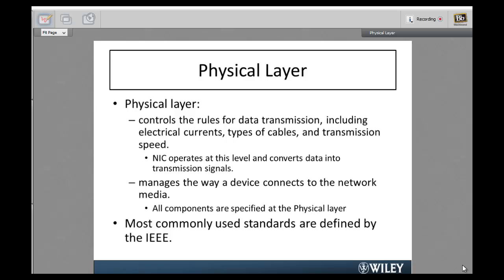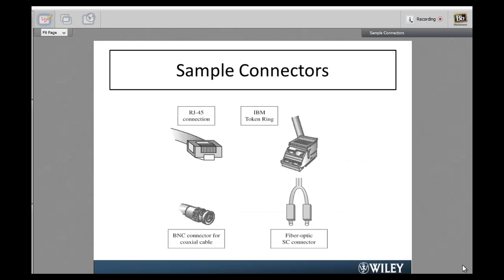All components are specific at the physical layer. Most of the standards here are defined by the IEEE, which is the Institute of Electrical and Electronic Engineers. It's very famous, okay?